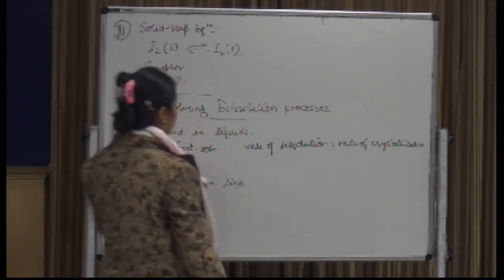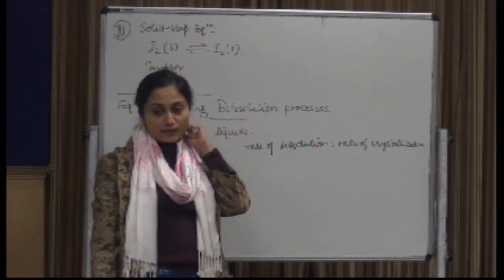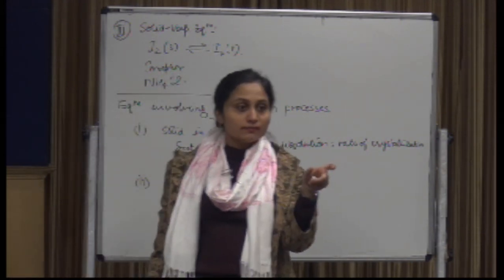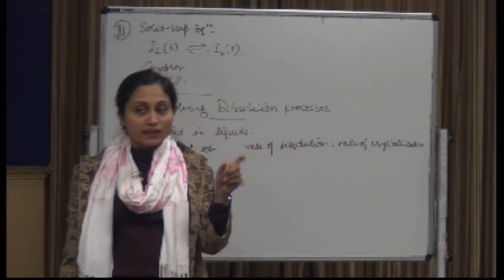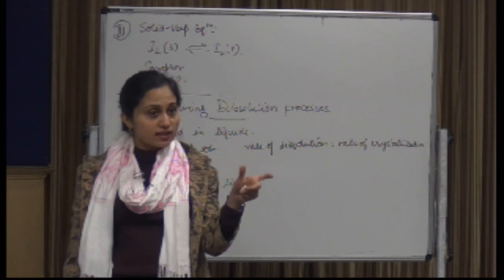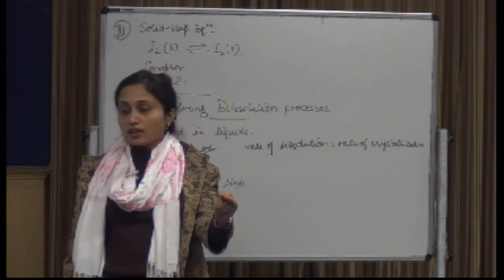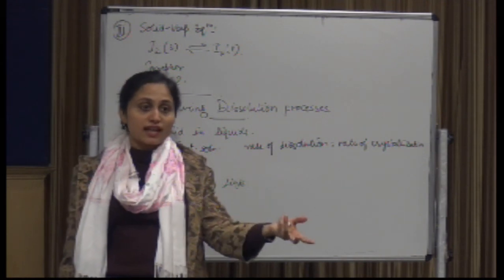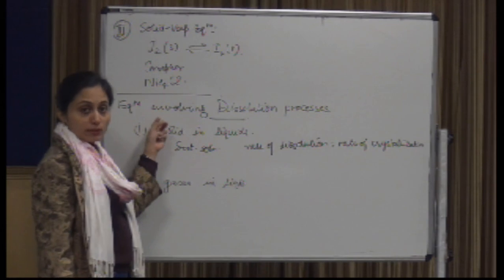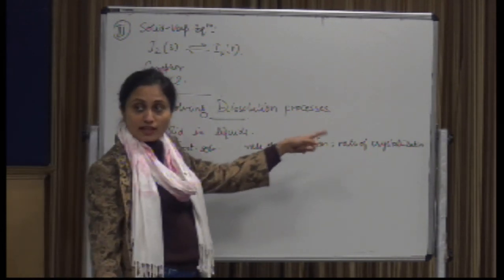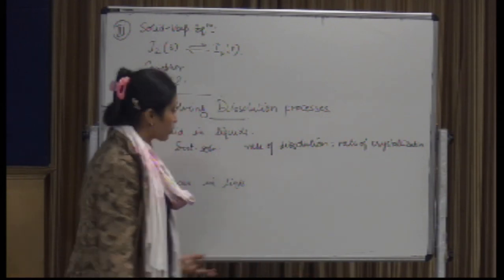And how can you check this? You can add radioactive sugar, and by making use of it you can check the rate of radioactivity. Once that comes into equilibrium, you state that the dissolution process has attained equilibrium, because the rate of dissolution is equal to the rate of crystallization. So this is another kind of equilibrium in the dissolution process.